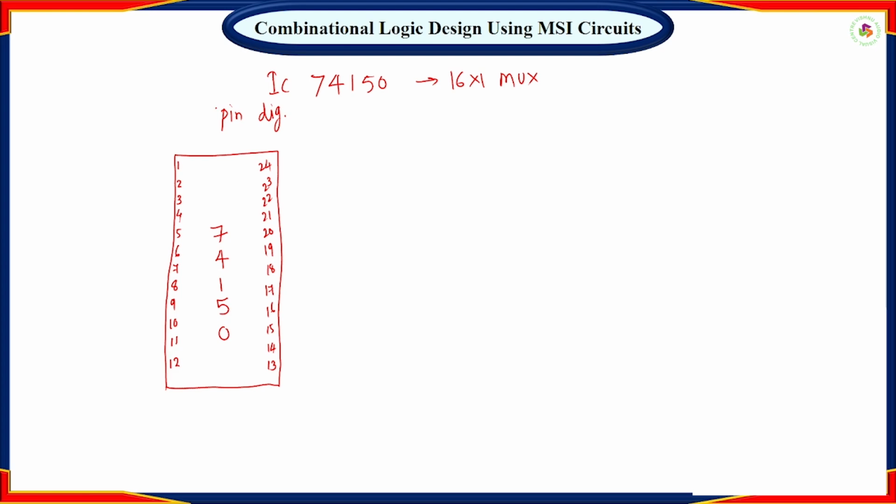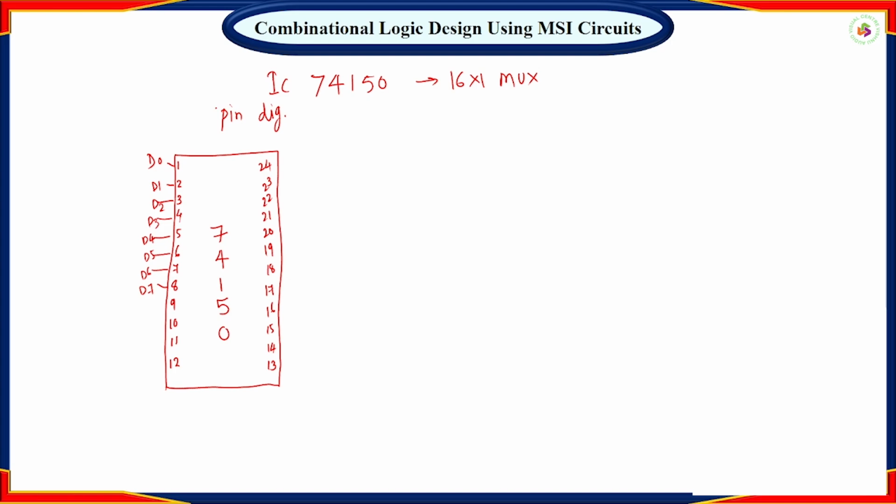So here pin numbers 1 to 8 are data inputs: D0, D1, D2, D3, D4, D5, D6 and D7. These are the data inputs.